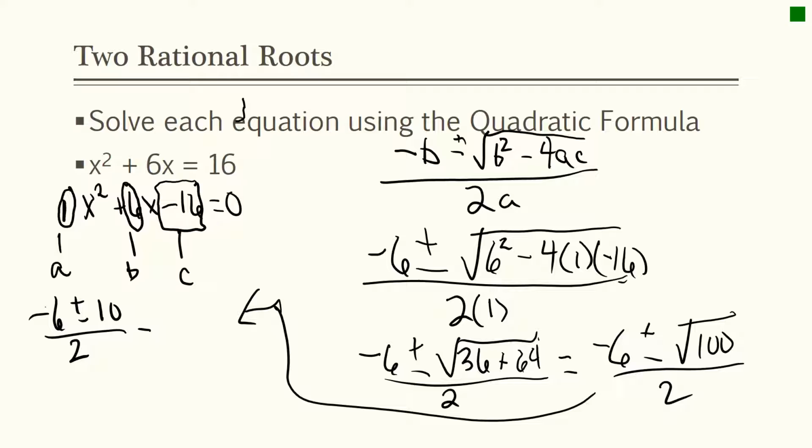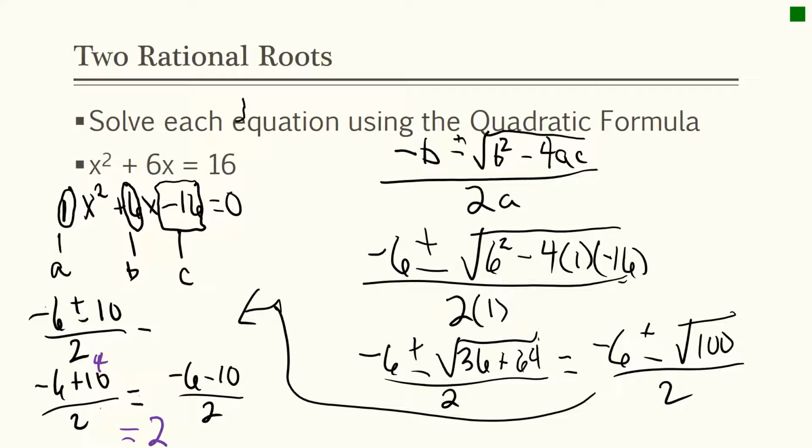Let's set that up as two equations. We've got negative 6 plus 10 over 2, and we've got negative 6 minus 10 over 2. Negative 6 plus 10 gives me 4 over 2, which equals 2.